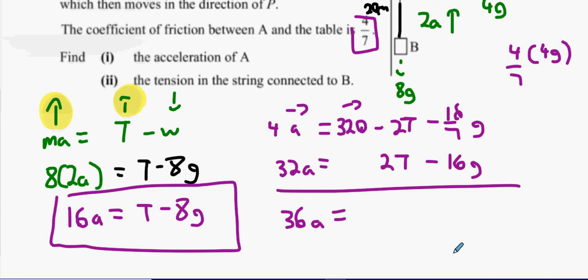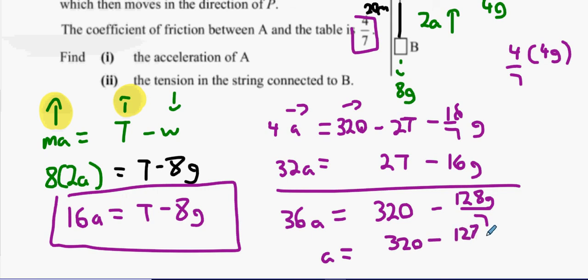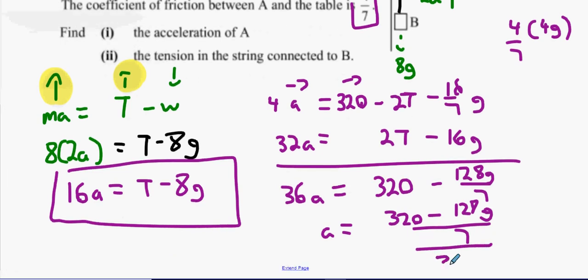Will somebody add 16 over 7 to 16 for me? 128 over 7. Did you get that? Yeah. Grand. And then just divide that by 36 and give me the answer. 3.91.